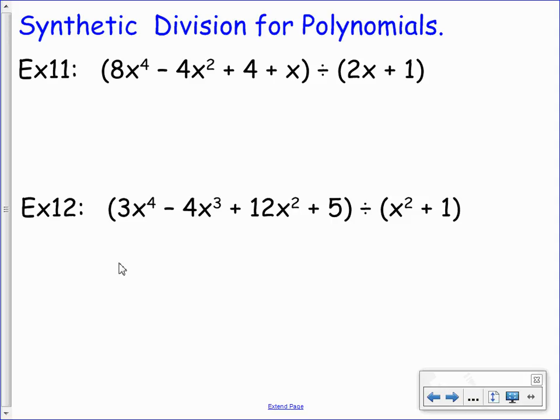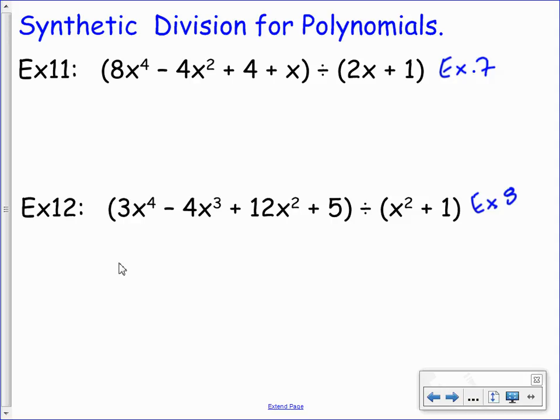Yeah, I was going to tell you, you do both. This first one was example 7, and this is example 8, right? But they're so much longer. These ones cannot be synthetically divided. Why not? No, that's not why you can't synthetically divide. It has to be x plus or minus a, right?